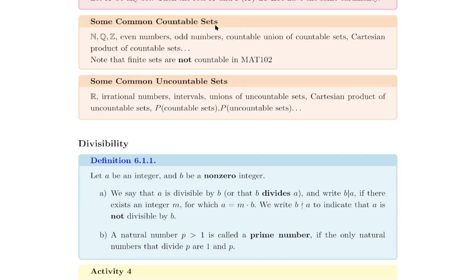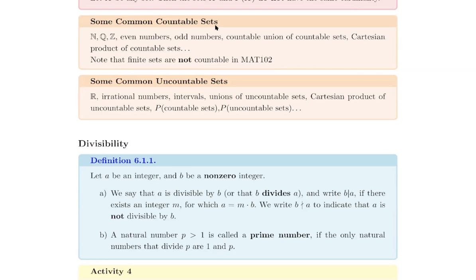Make sure you know how to prove all of them. Now, one thing I want to emphasize is that finite sets are not countable in MAT102. I mentioned this when we talk about the definition of countable sets at the very beginning. So this is just another reminder.